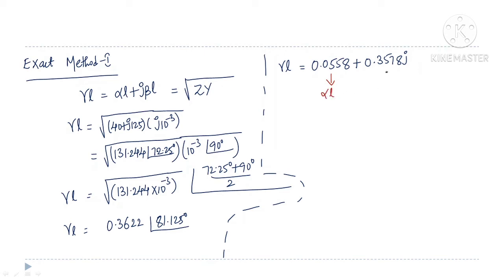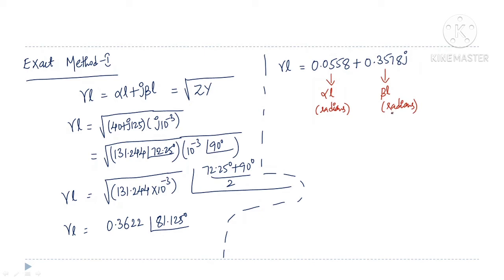This is the alpha L value, and in place of 0.3578 we have beta L, and these two are in radians. Alpha L is in radians, beta L is in radians.